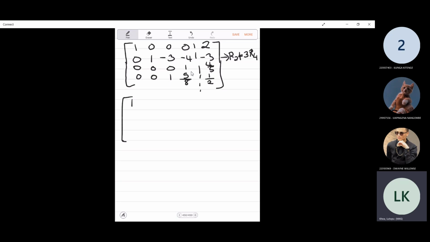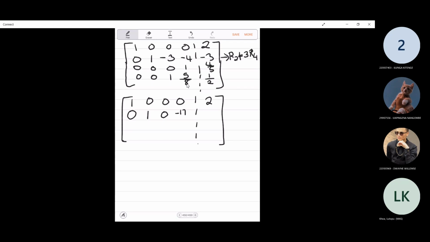So we have 1, 0, 0, 0, then 2 here, then 0 here, then 1 minus 0 is 1, minus 3 plus 3 is 0, then minus 4 plus 3 times this, we get negative 17 over 8, and then minus 3 plus 3 over 2 is minus 3 over 2.